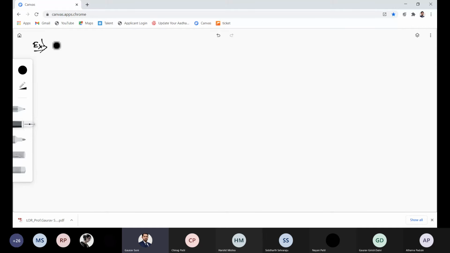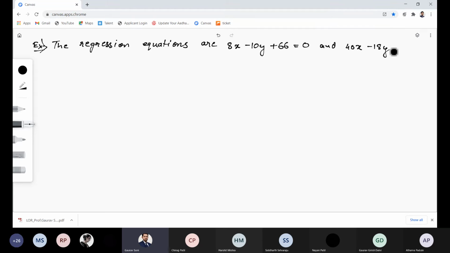The regression equations are 8x minus 10y plus 66 is equal to 0 and 40x minus 18y is equal to 21.